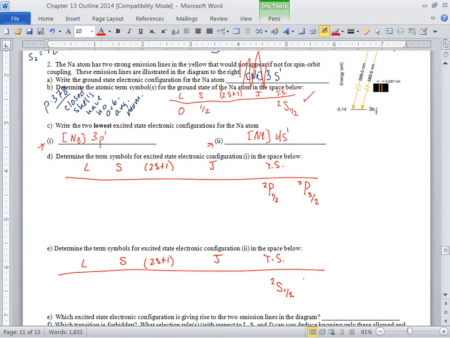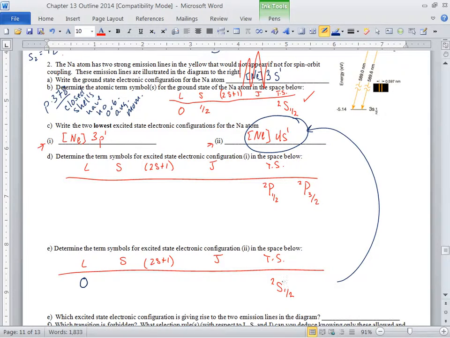Hopefully you get those. Big S again. So this is for configuration number 2. And configuration number 2 is this. So that means L has to be 0, right?